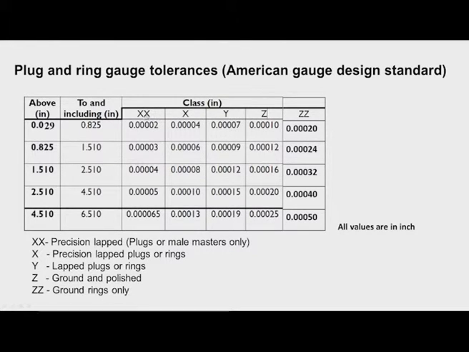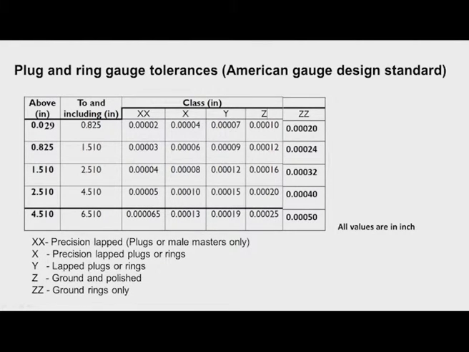If the gauge is XX class, the tolerance allowed is 0.00002, and for X class it is double this value, that is 0.00004. For Y class it is 0.00007 inches, for Z class 0.0001 inches, and for ZZ it is 0.0002. Similarly, for other ranges of sizes the tolerance values are mentioned here.